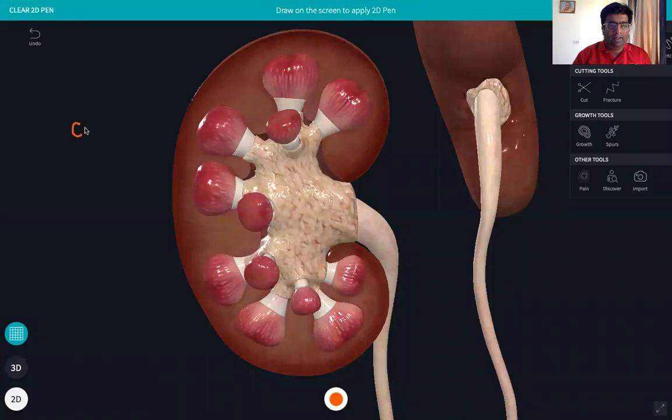I'll just label that here. So that's the cortex. And then the inner region is called the medulla.